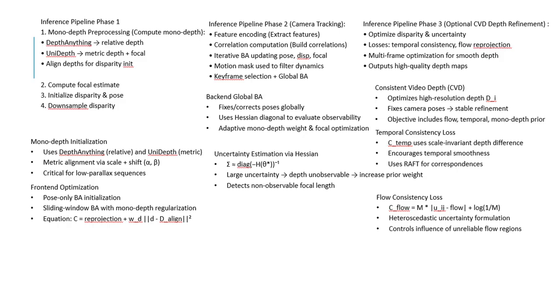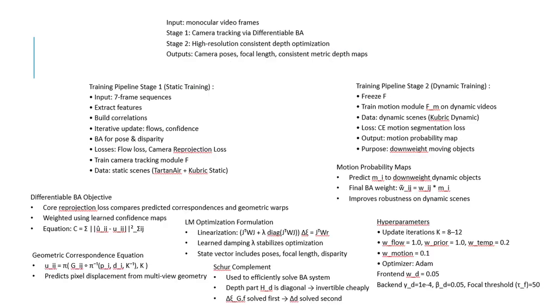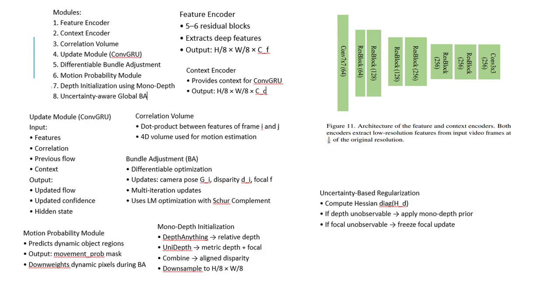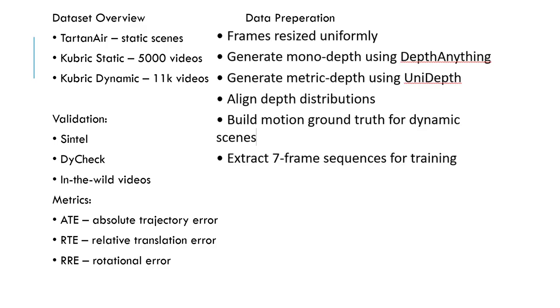Here inference consists of 3 phases. The first phase is computing mono depth, which is mono depth pre-processing. I have already discussed Depth Anything, which gives relative depth, and UniDepth, which gives metric depth plus focal, and aligning depth for disparity initialization, which I already showed in data preparation.